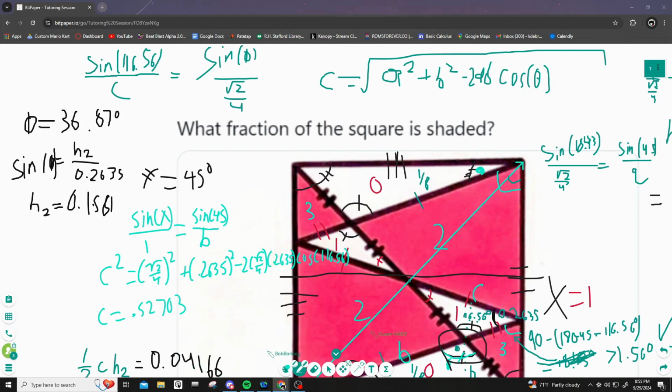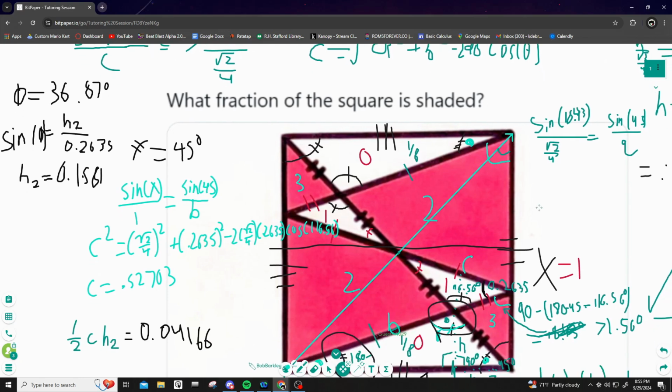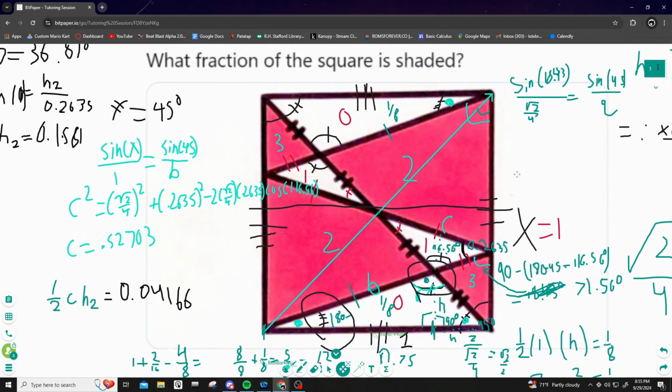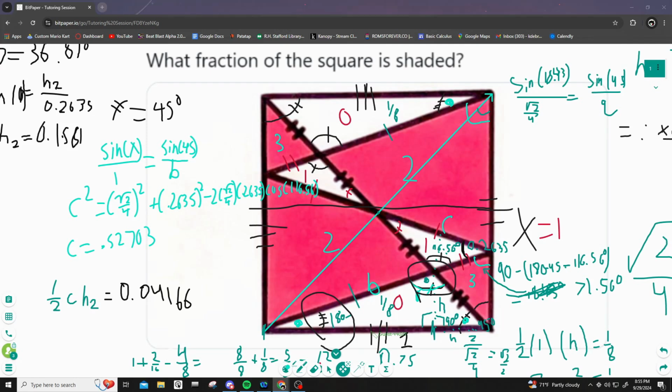I'm going to scroll down a little bit. Yeah, that's fine. So what fraction of the square is shaded is going to be 1 minus 2/8 minus 0.8332.